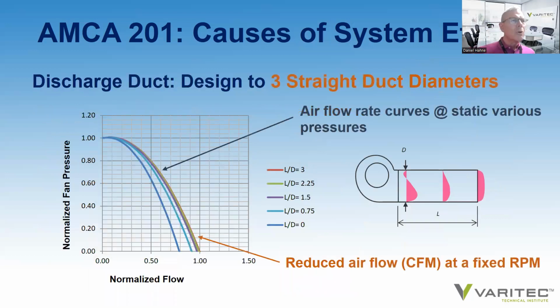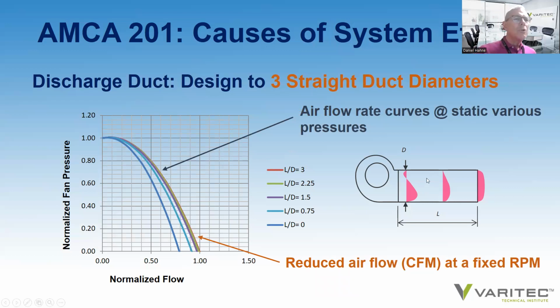So in order to avoid or minimize system effect on the outlet of a fan, we need to make sure that there's a significant length of straight duct at the discharge of the fan in order for the airflow to achieve a uniform velocity profile.